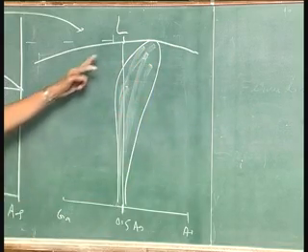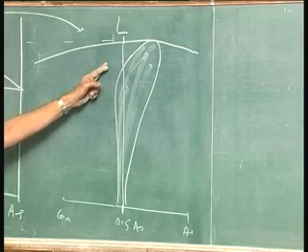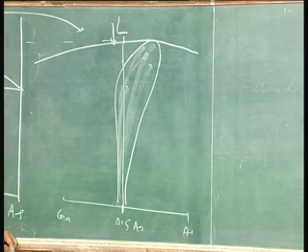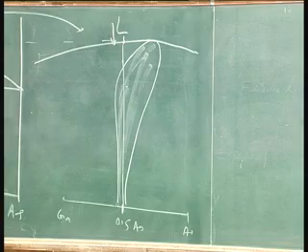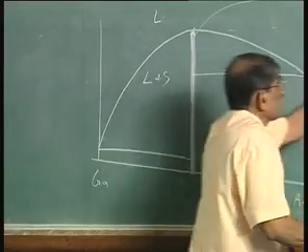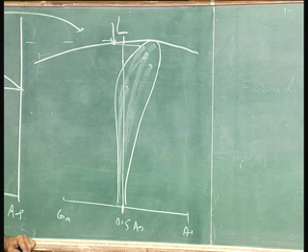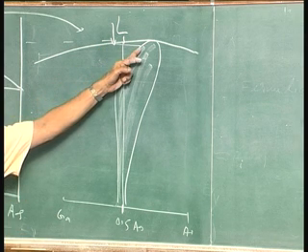If I freeze from here, which is less than 0.5, 0.475, this is liquid plus solid, so solid will be there. The freezing solid has that composition.